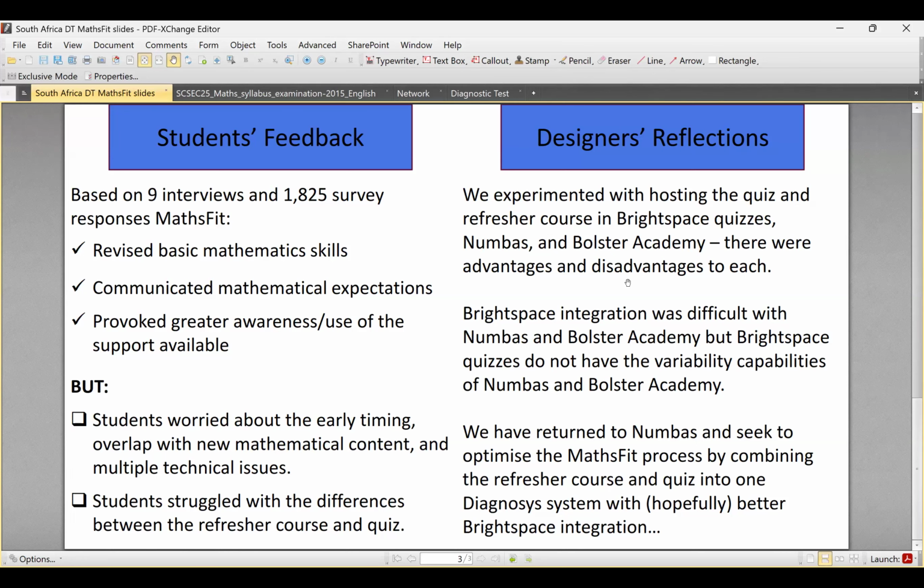Okay, so what we're doing now, we're thinking more of a Maths Fit Mark 2, but much more on the learning side rather than the diagnostic side. So maybe this is where I'll talk about the new diagnosis system and what the idea is.